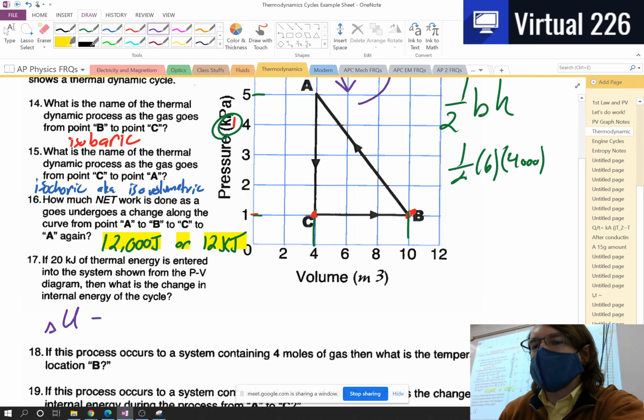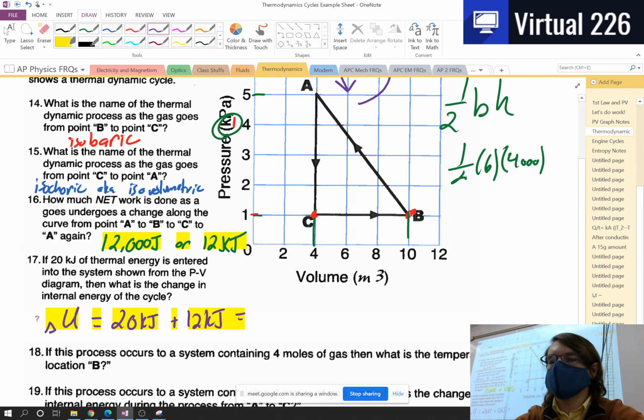We know that that 20 kilojoules there, that is Q. And since it's entering into the system, that is a positive value. So we're going to get 20 kilojoules, and then the work that is done here, which is going to be another 12 kilojoules.